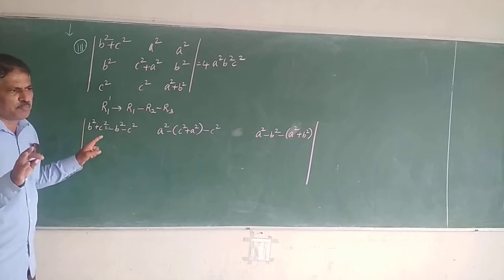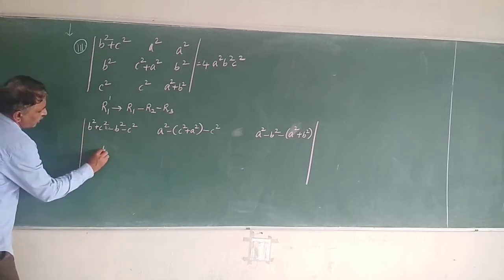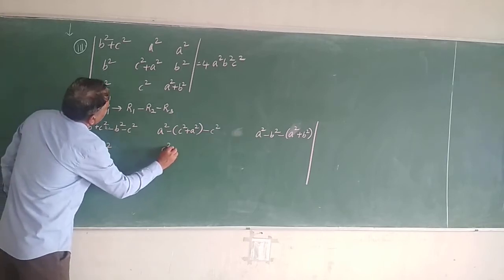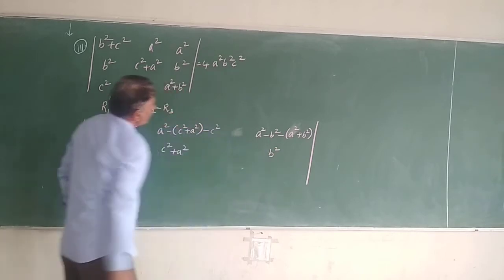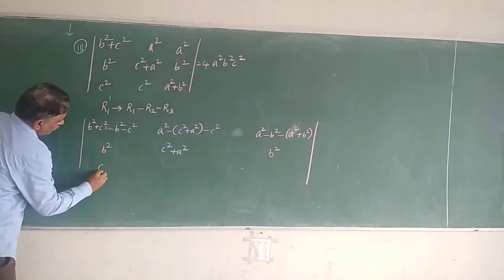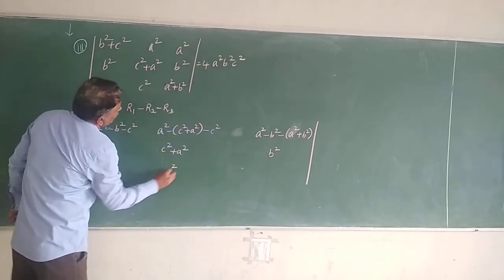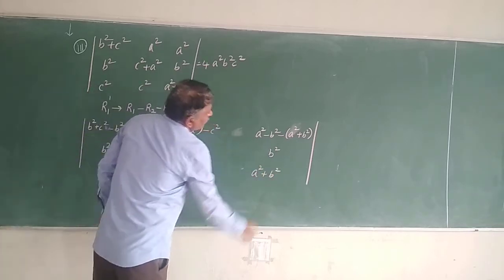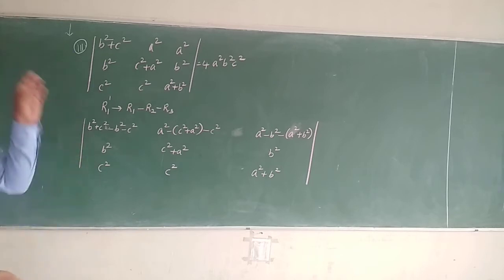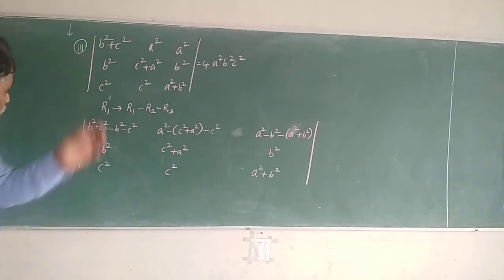That means I need to keep it as it is only. So B square, C square plus A square, B square. Next, C square, A square plus B square. Right, up to this. Right?